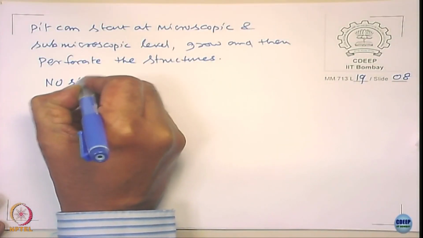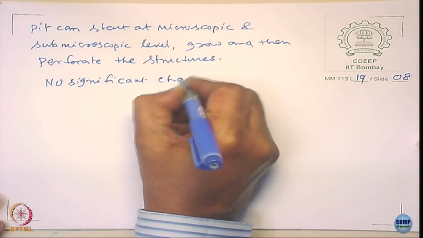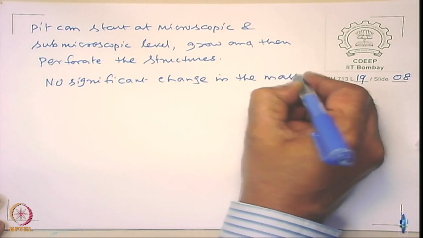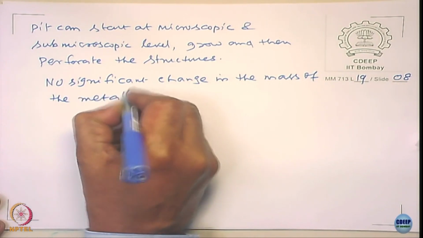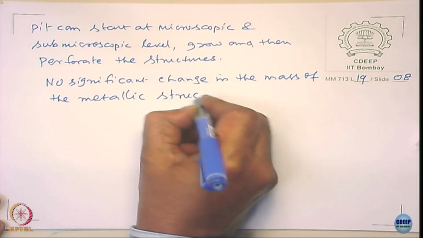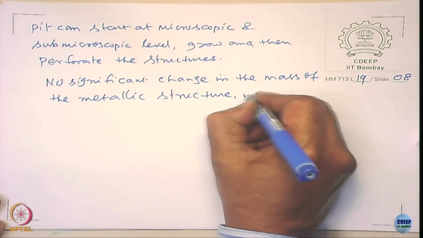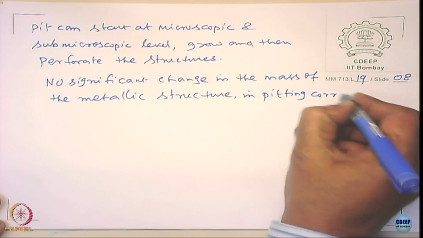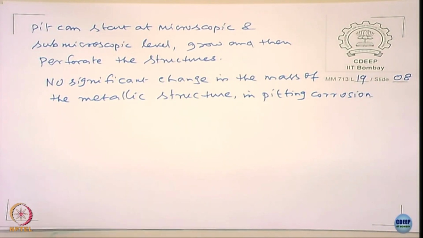So there is going to be no significant change in the mass of the metallic structure in pitting corrosion. So a test like the mass loss test has no meaning, right.